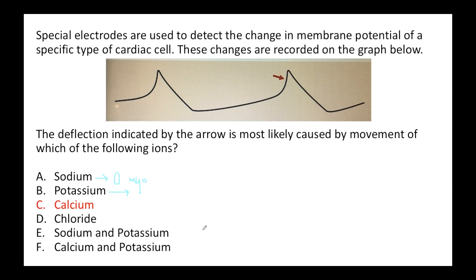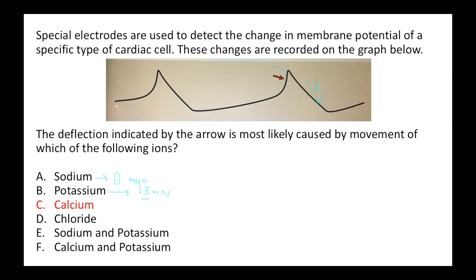Wouldn't that be phase 3 of the myocyte? Yes. Yeah. So it's going to be phase 3 of the myocyte. It's also going to be phase 3 of our nodal cells. That's potassium too. True. So phase 3 for both of them.